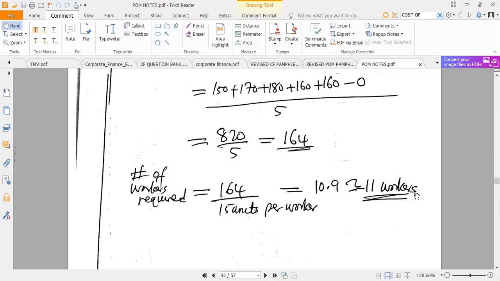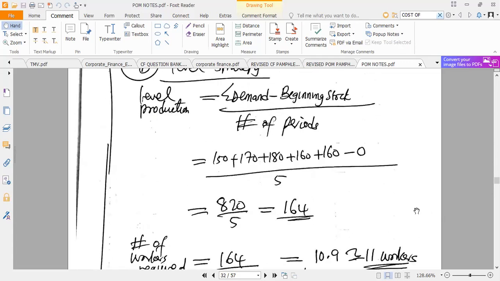On average, we're talking about our average production in short: 150 plus 170 plus 180 plus 160 plus 160 minus zero, then divided by the number of periods, which is 5, gives 164 units. And then we get 10.9 workers, approximately 11 workers. This is what we have.